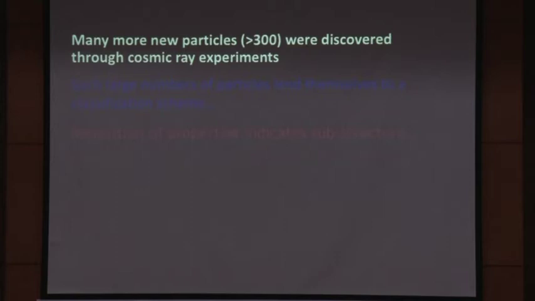You can look at the literature, more than 300, in something called the Particle Data Group listing. I have the full list. There was also some repetition of properties, which hinted that there must be some kind of underlying structure, and that's why we get so many particles in nature.